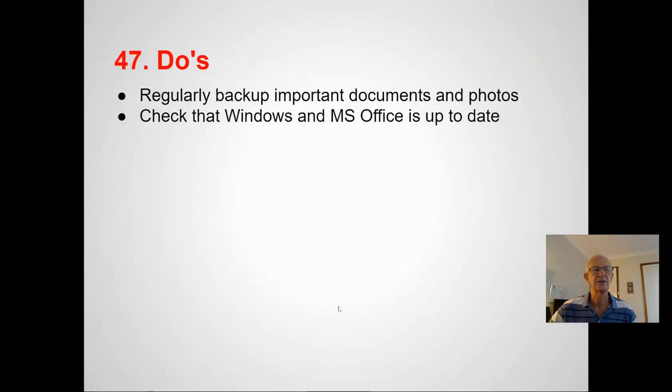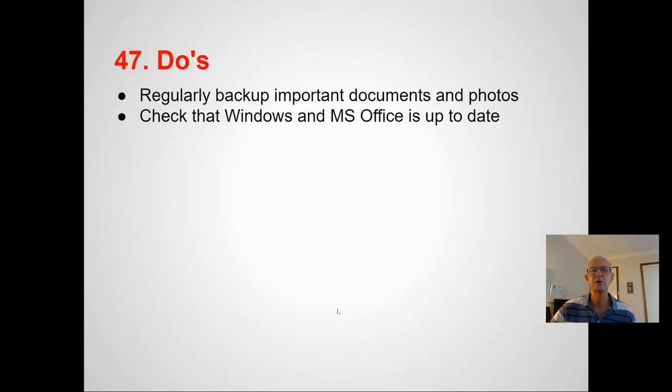Check that the Windows operating system and MS Office are up to date because that's what all these security patches are around, stopping people allowing malicious software that's going to cause you problems.